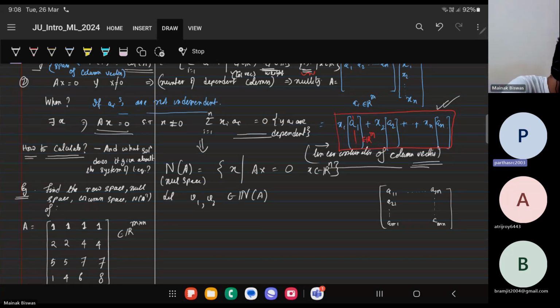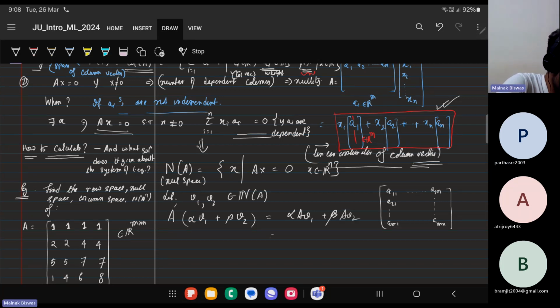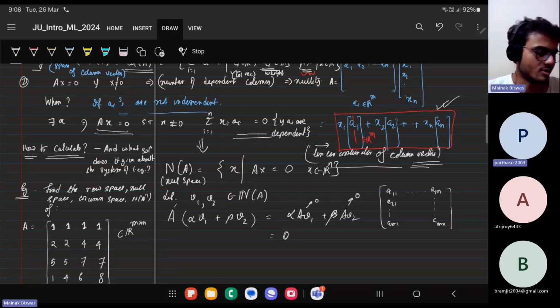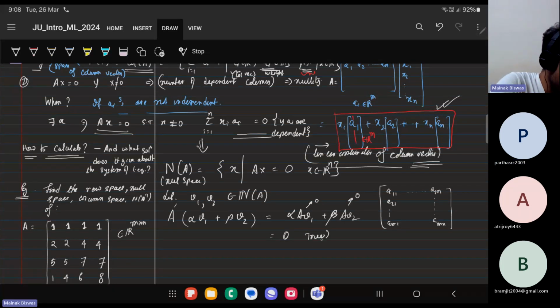I have to show that for some alpha V1 plus beta V2 also belongs to null space of A. Fine. This is equal to 0, right? Yes or no? Yes, so this is true. So this is a subspace.